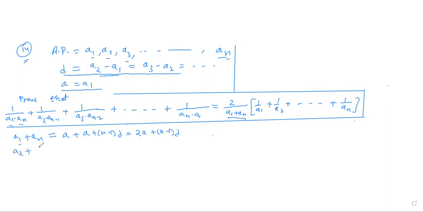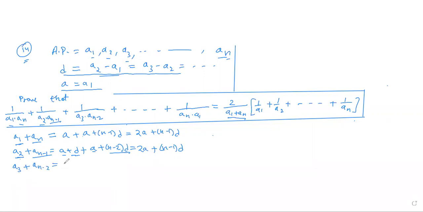And if we add A2, the second term from the beginning, and An minus 1, the second term from the end: A2 means A plus D, and An minus 1 means A plus n minus 2 into D. If we add them, A plus A is 2A, plus D plus n minus 2 into D. Taking D common, it is 1 plus n minus 2, that is n minus 1 into D. In previous sessions, we discussed that the sum of the first term and the last term is equal to the sum of the second term and the second last term, and check whether it is equal to the sum of the third term and the third last term.